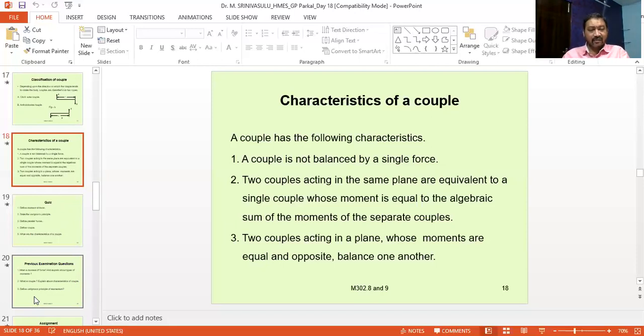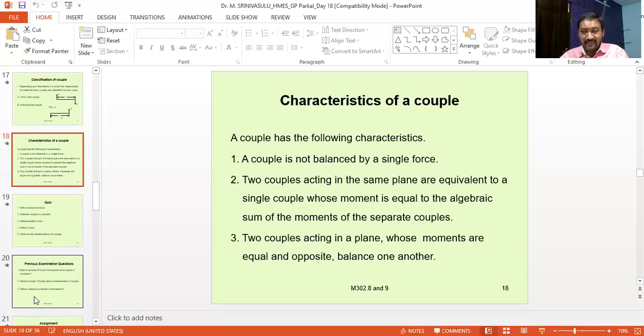And we also notice that if the distance is less, then we need to apply more force. That is the moment it will require to rotate that tap. The moment is nothing but the force into the distance between the two forces.